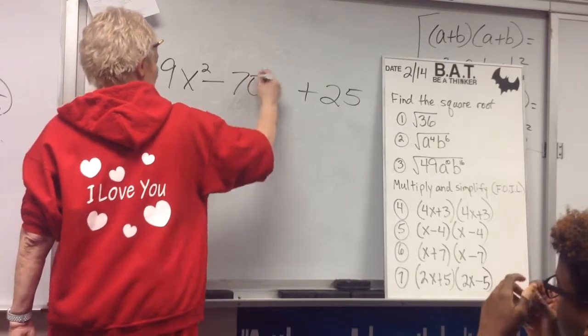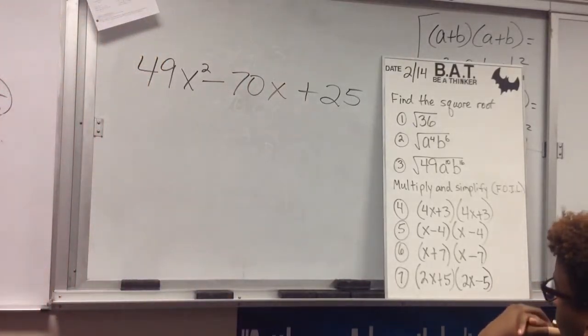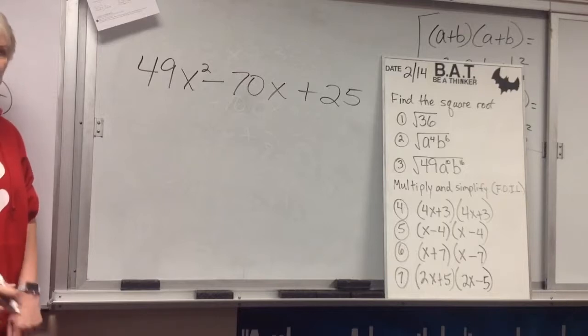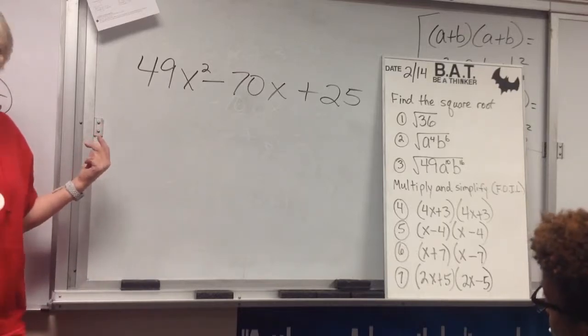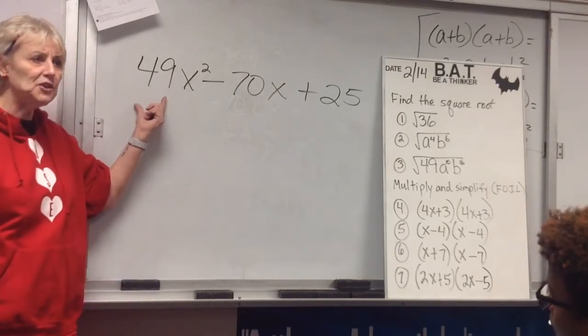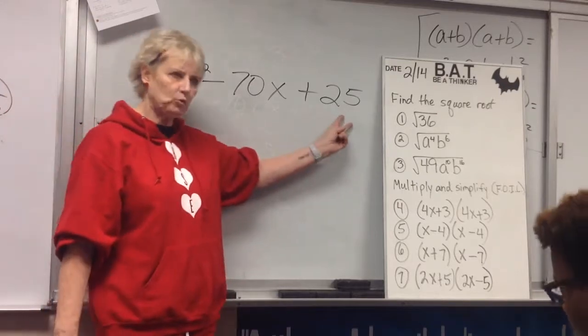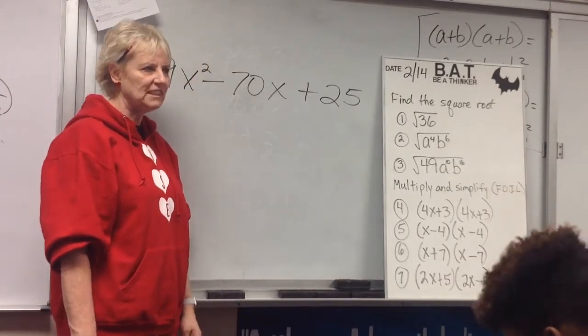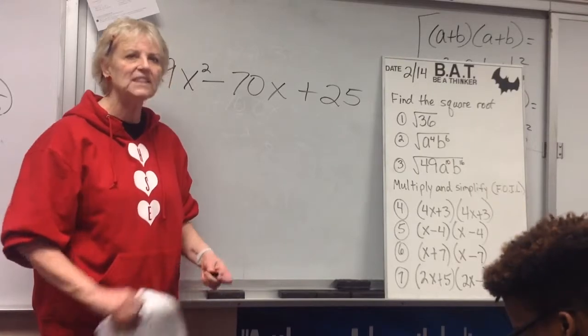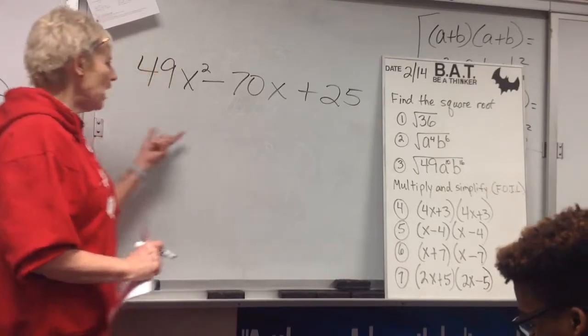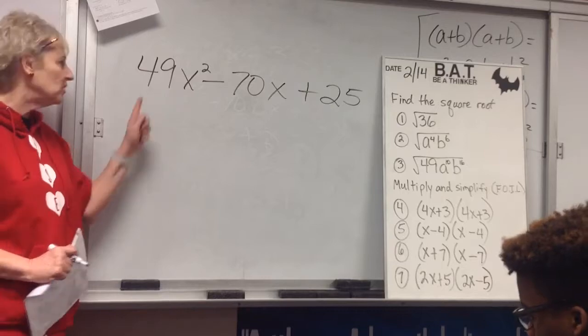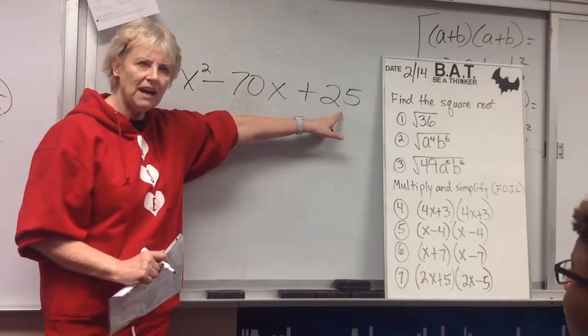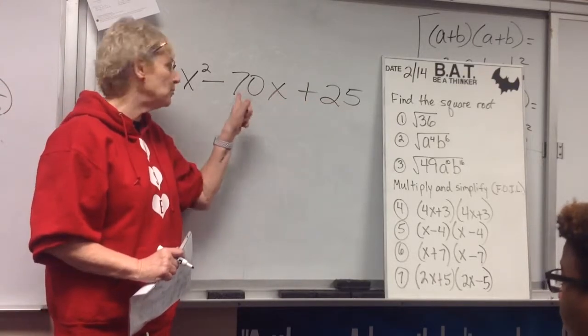All right, that has no common factors, so you would have to do 49 times 25 and find factors that add up to 70. It is possible, but it's nuts, because you have a perfect square trinomial. 7 times 5 is 35, doubled is 70.